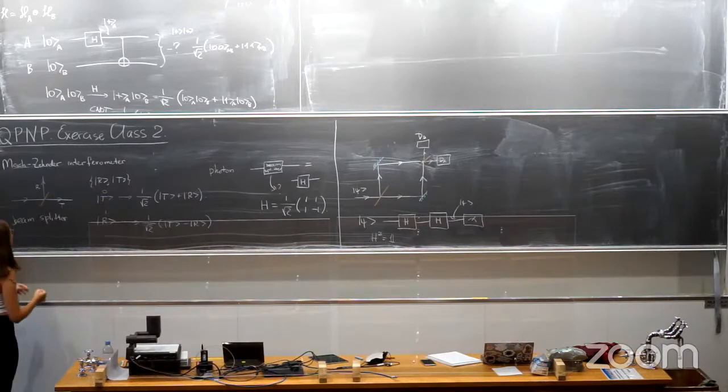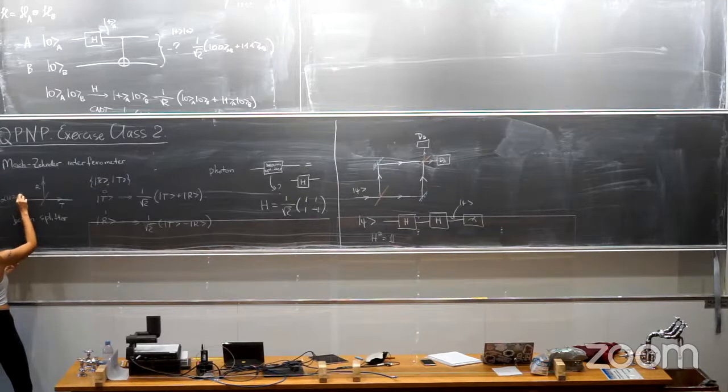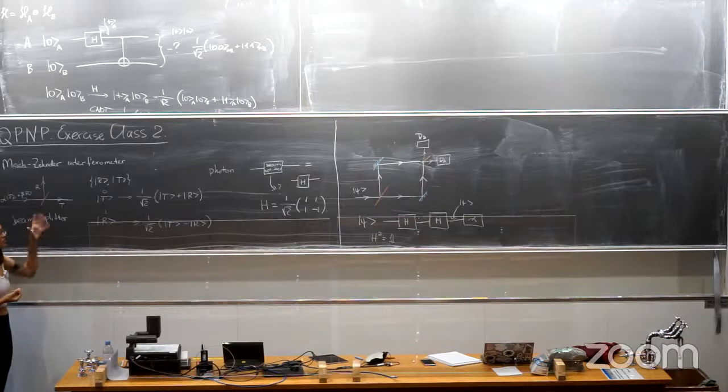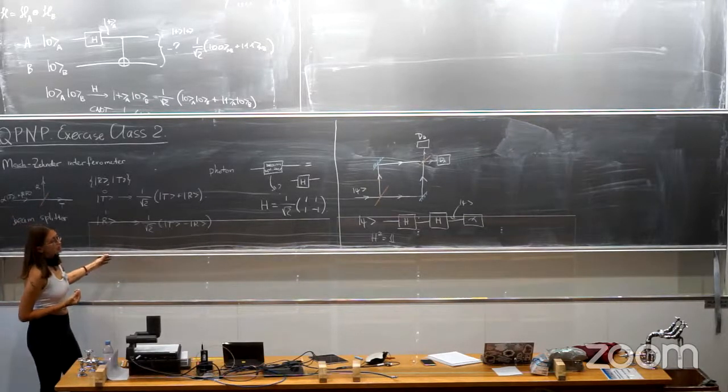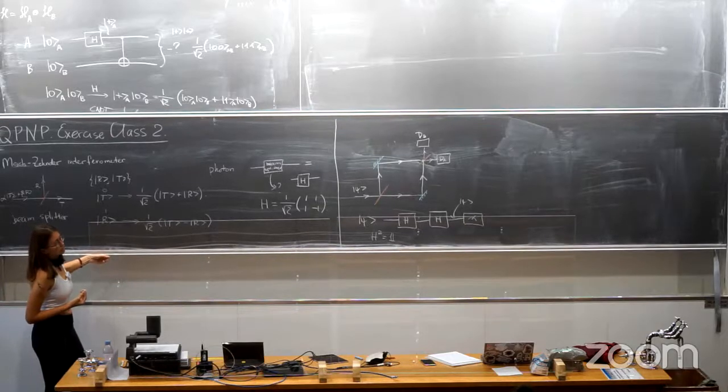So generally we would write the initial state as alpha transmitted plus beta r. If it's a bit difficult to understand this T R notation, you can just substitute T by 0, R by 1, and then you end up in this usual qubit consideration of things.